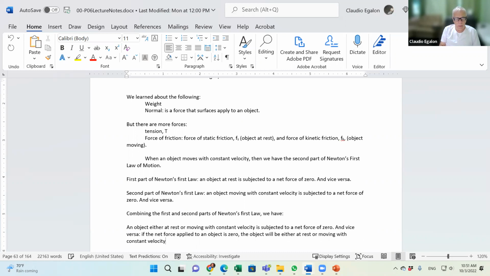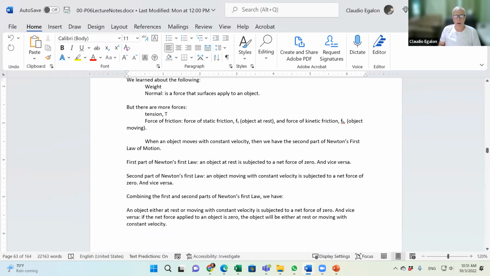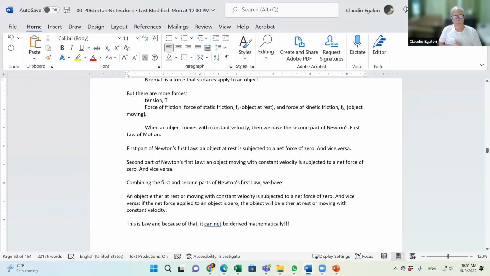Okay, so that's something that you have to memorize. This is a law, and because it's a law, it cannot be derived mathematically. So now you have our first law, the first law that you are learning here.